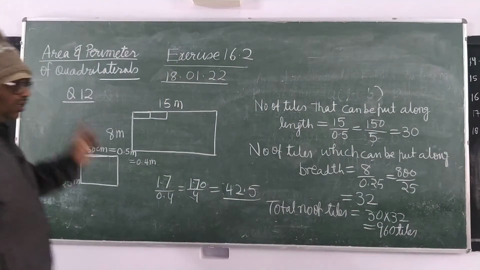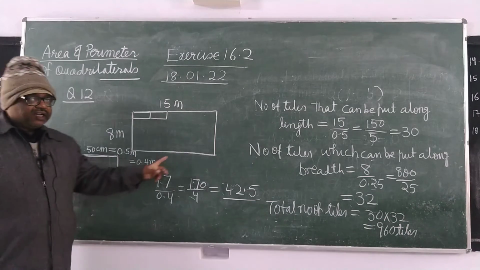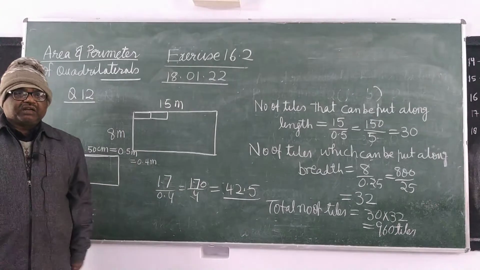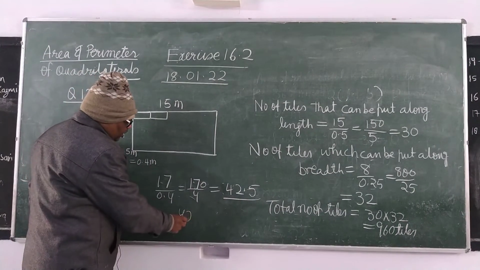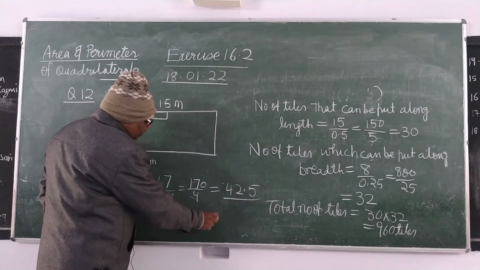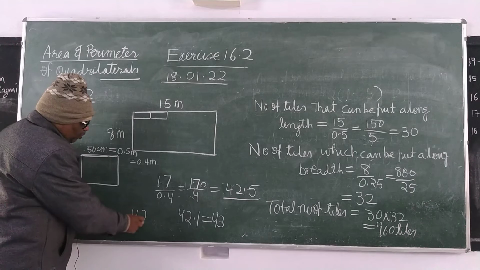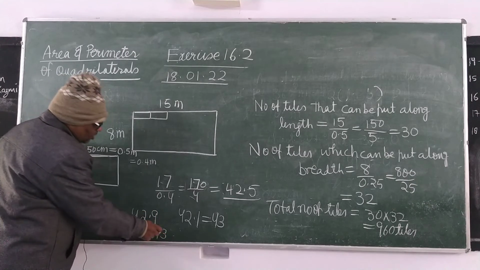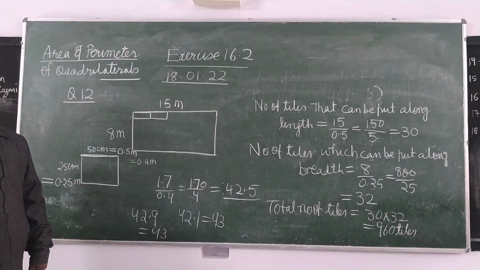You remember one thing, if on dividing this number comes in decimal, you take in the whole number. Suppose it comes out 42.1, what will you take? 43. If it comes out 42.9, you will take 43. It's clear? Because the complete tile will be required.